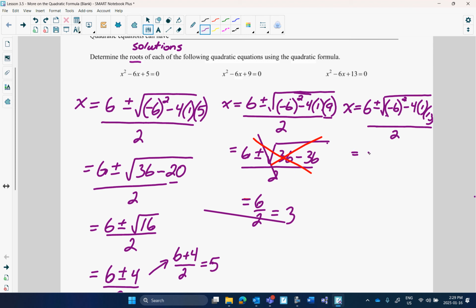So 6 plus or minus 36 minus 4 times 1 times 13, which gives me 52.